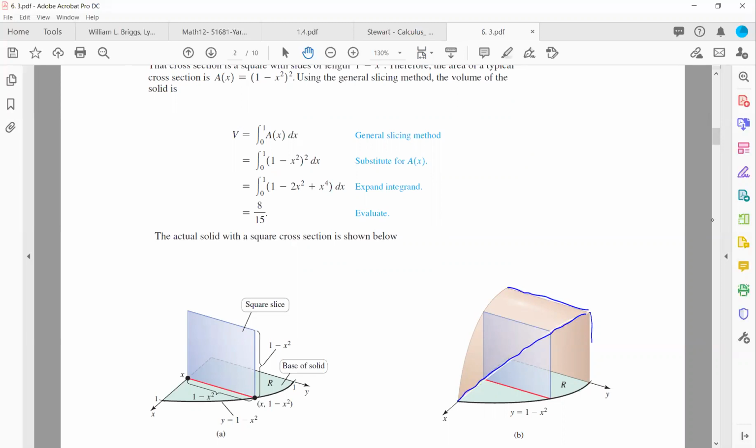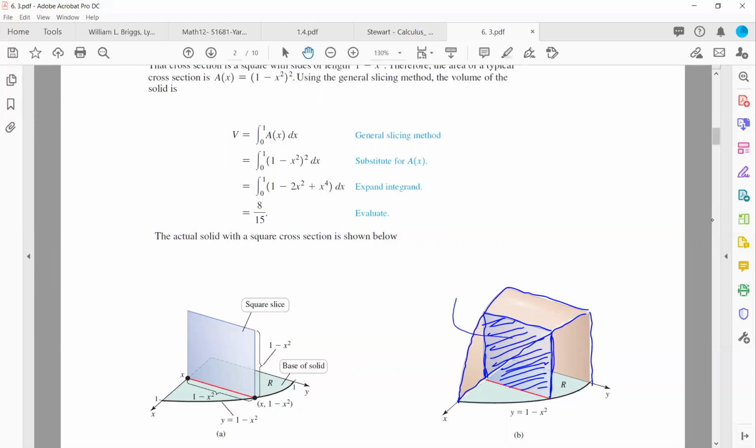We have a square and the sides, and this is our object. This is a slice which is vertical with respect to the base. So your goal is to find this area and take the integral.